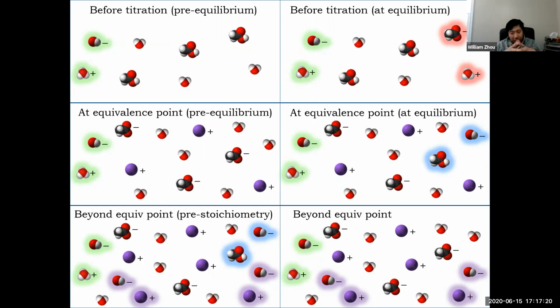Autoionization of water is still there. It doesn't really contribute much. That's negligible. We can just ignore that. Also, the equilibrium of the conjugate base is still there. Okay, this is before it says pre-stoichiometry, before everything reacts. Because once you add the base, it's going to be there.